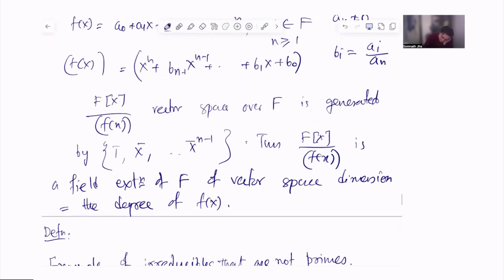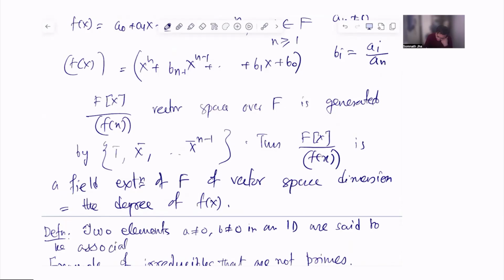Two elements a and b in an integral domain are said to be associates if there exists u, a unit, such that a equals u times b.